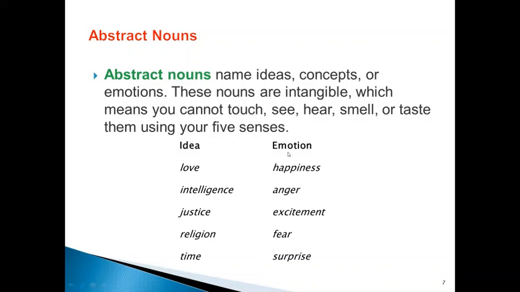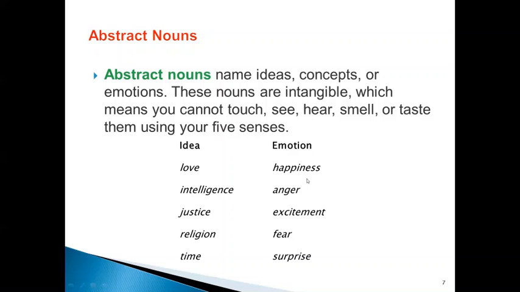Also, the examples of the second type include emotion abstract nouns. We said that abstract nouns name ideas, concepts, or emotions. So here we have some examples for emotions.